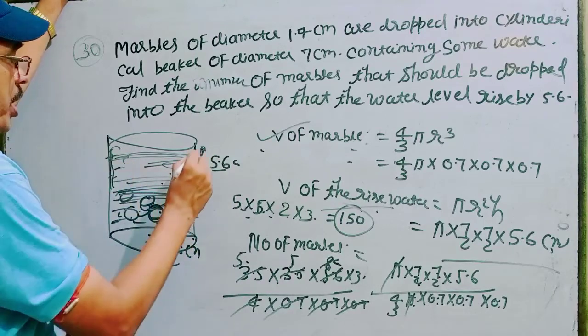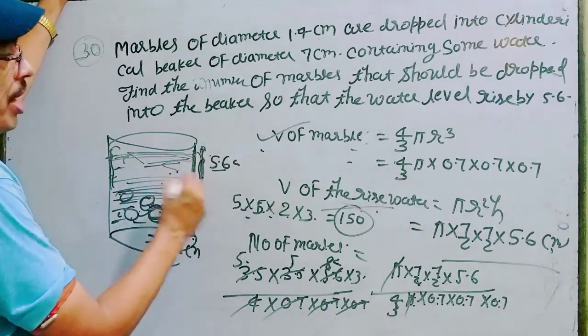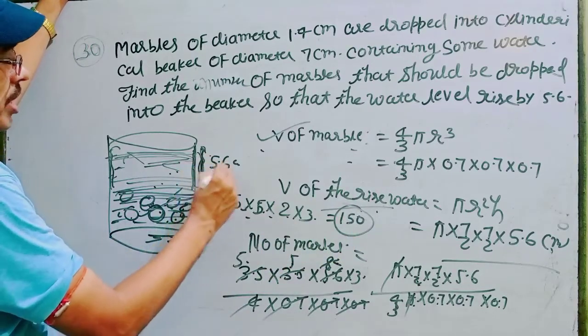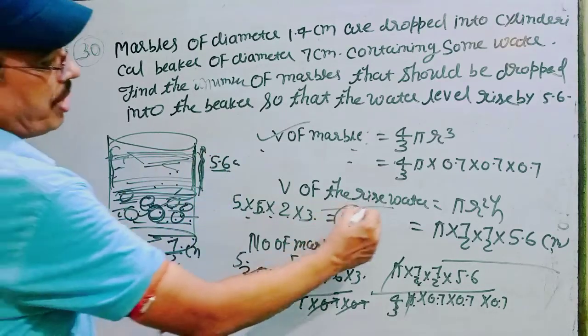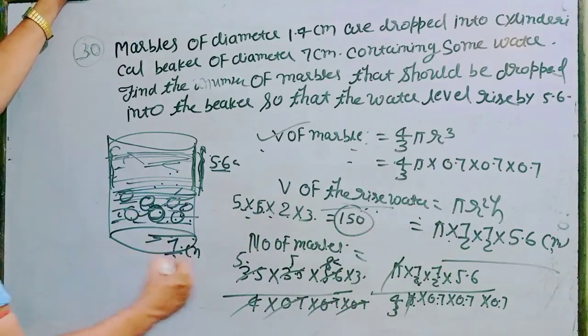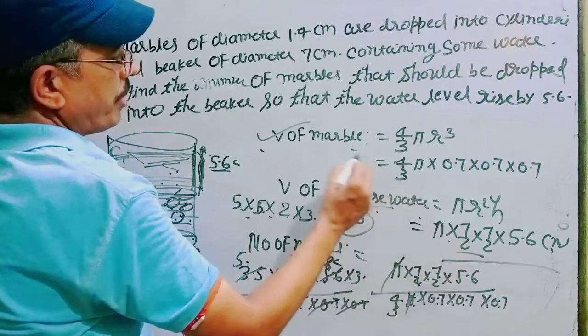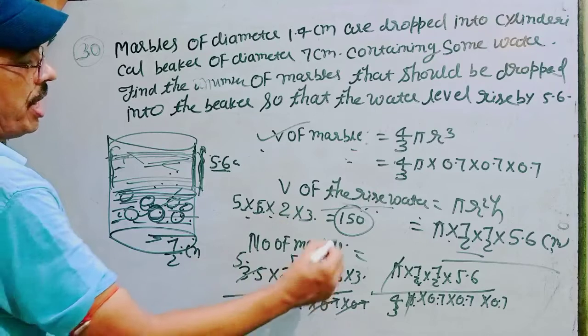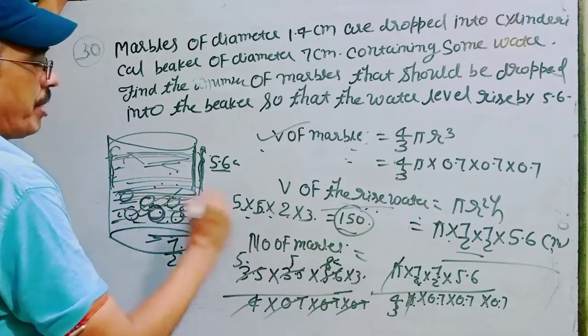That is equal to the volume of the cylinder, and the height of the cylinder part is 5.6 cm. Then the rise of water divided by volume of the marble gives the number of marbles, and that is 150.